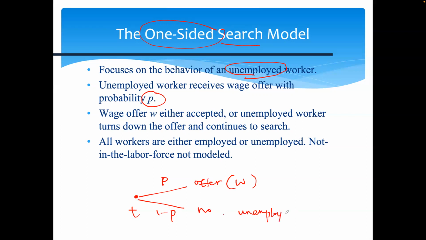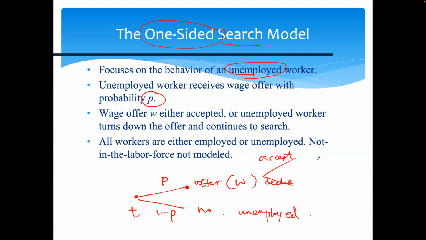You can think of this as a game played with nature, or like flipping a coin. Now, after the offer is made, the household has two choices: accept or decline.